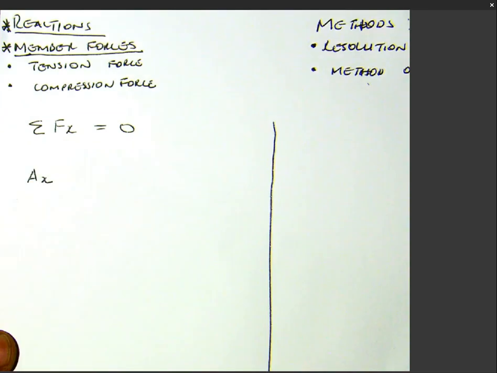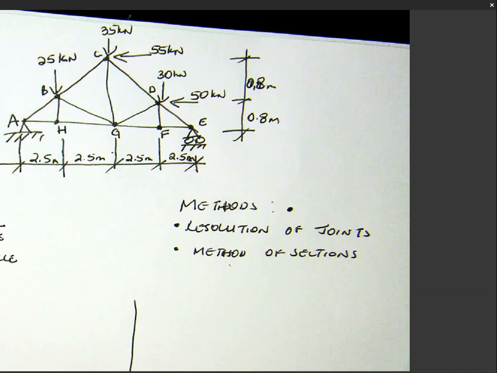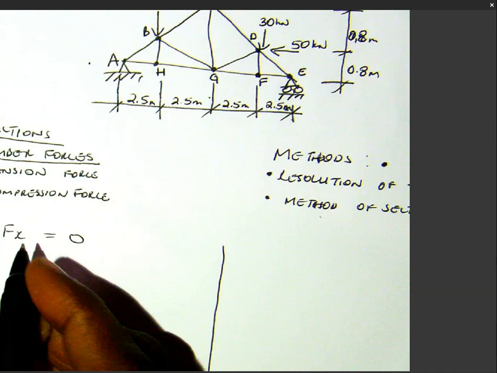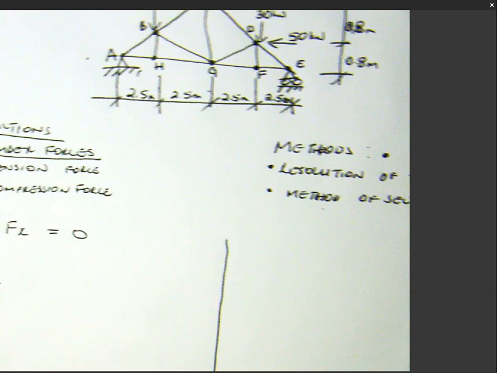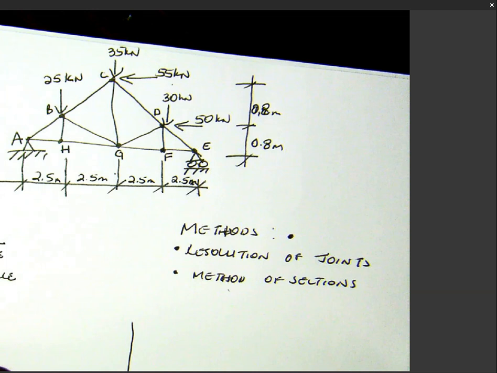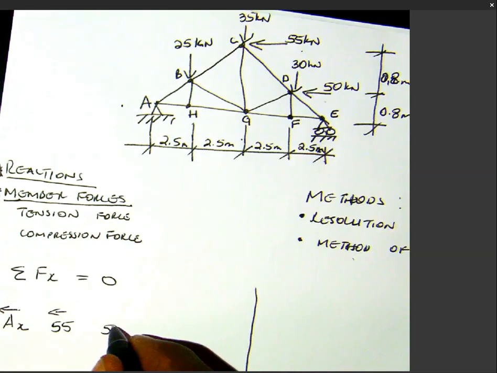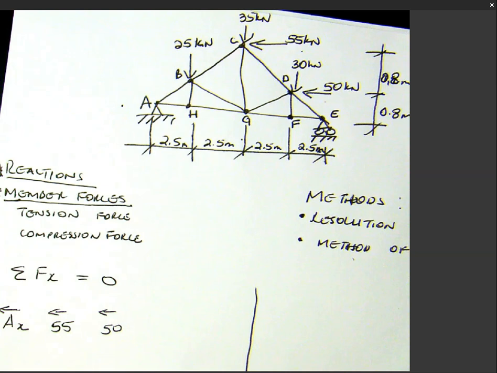Again, I can see that AX is going to the right, but I'm going to assume that AX is going to the left. That is my assumption. Then I've got the 55 kilonewtons going to the left. I'm not assuming that; it's like that. Then I've got this 50 going to the left, and that must give 0.